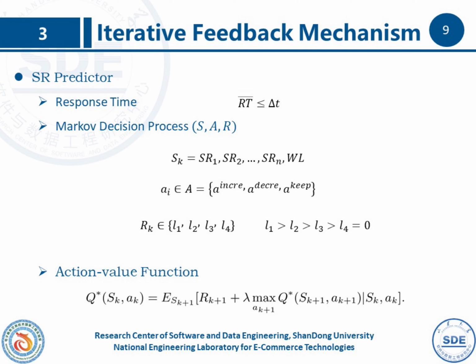During each state transition, the reward is computed based on the response time and the software resource allocation in the current state. The reward is denoted as r_k, and different rewards are given according to different situations.